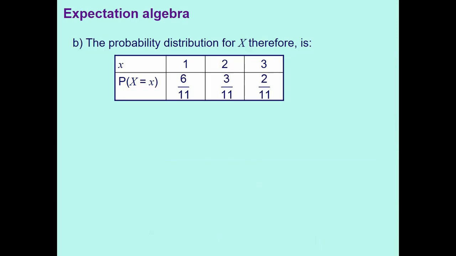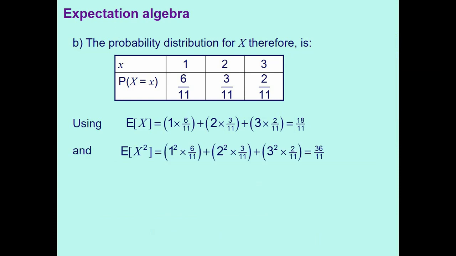Probably worth redrawing the table with the probabilities in it, so that's what I've done here. To find the expected value of x, we do the normal multiplication of the values and their probabilities and add them up. Do the same to get E of x squared, and then use the variance formula to find the variance. Not asked for the standard deviation this time, so we don't need to do that.